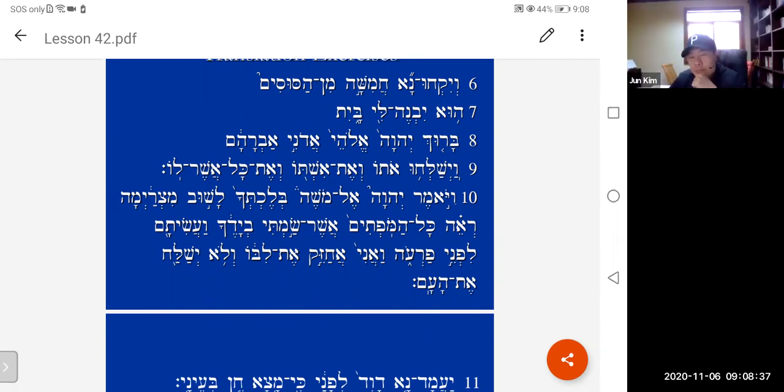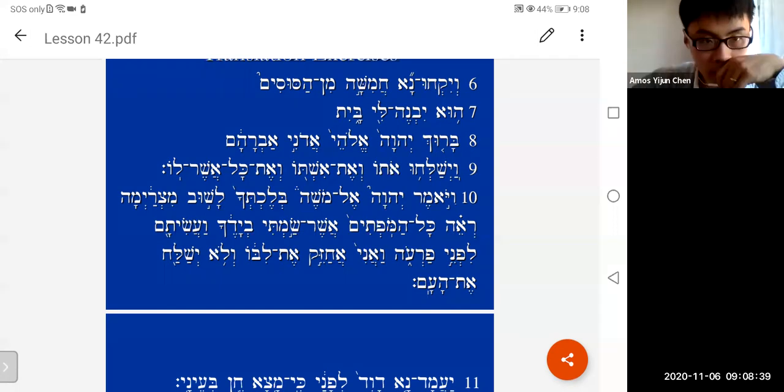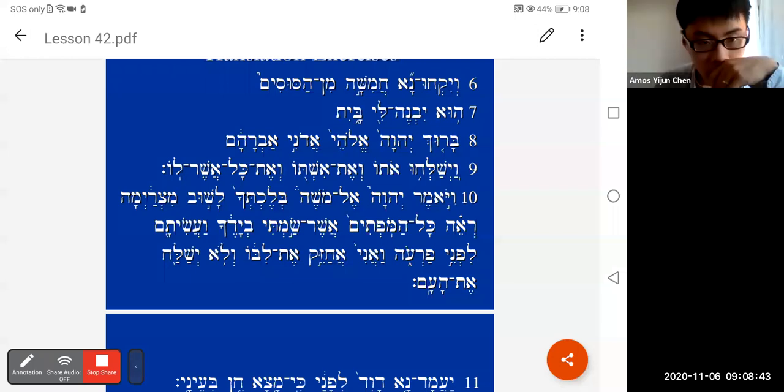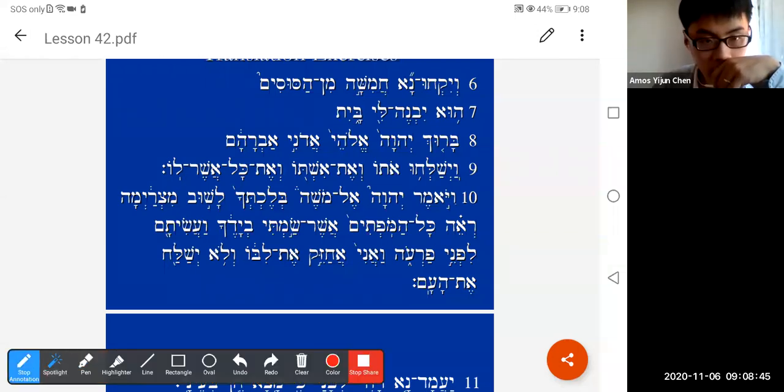The root is lamed, kaf, het, and the stem is qal. Form is jussive, and special PGN 3MPL.